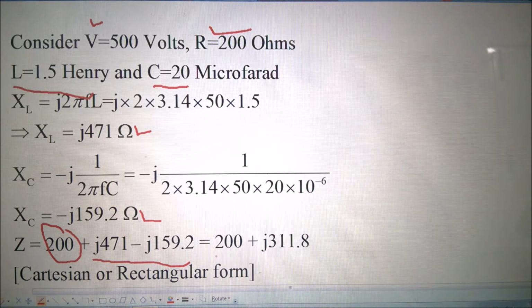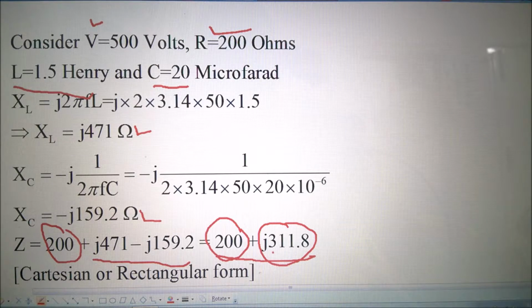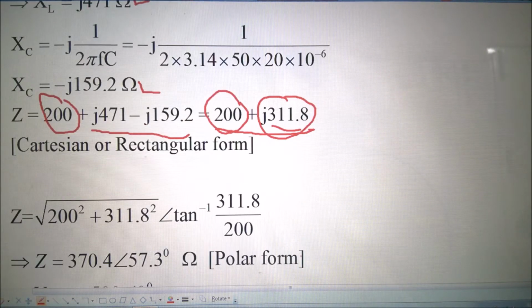Therefore, ultimately we get this, which means in this circuit 200 is the real part, which is the resistance, and 311.8 is the imaginary part, which is the net reactance of the circuit. That form of presentation, as we already know in complex numbers, is called Cartesian or rectangular form, and from the rectangular form we can convert into the polar form, that we also know.